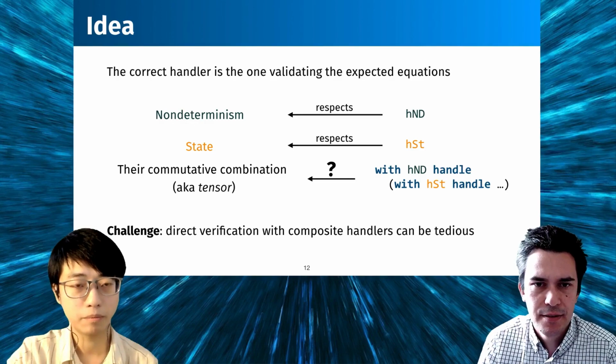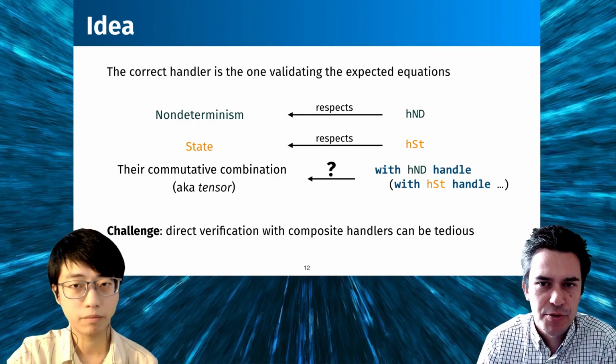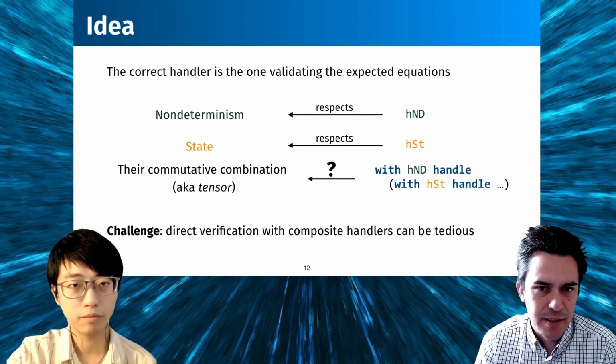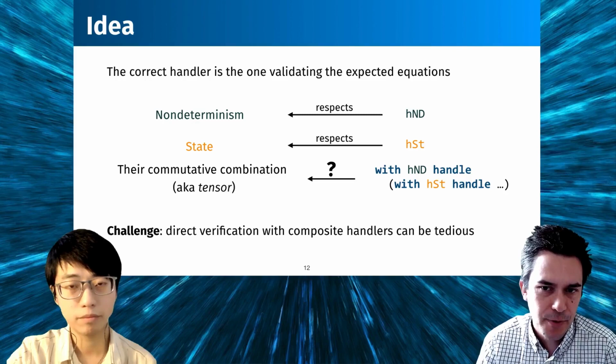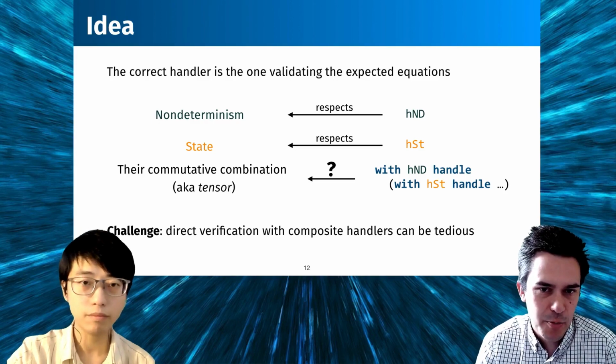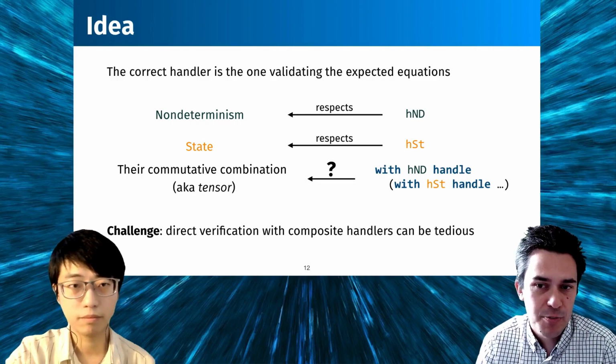I see. Well, I totally agree with what you said, but it still seems like a tricky job to do. You know, semantically, the with handle construct is a fold on the syntax tree of programs, so the composite handler is a composite of two folds. It would be quite laborious to directly verify the composite handler respects the laws of interaction.